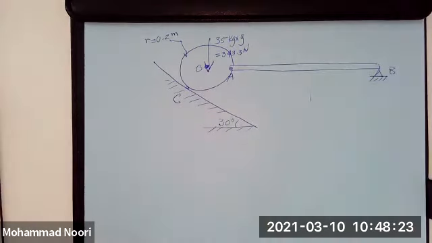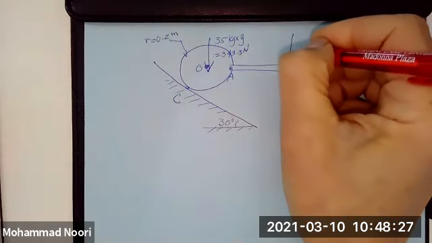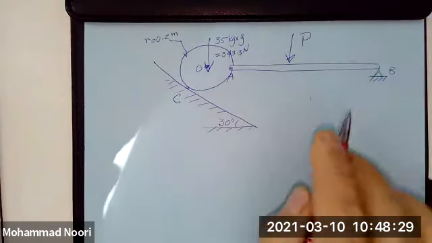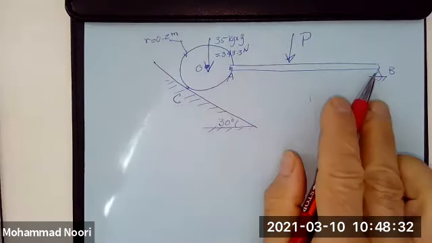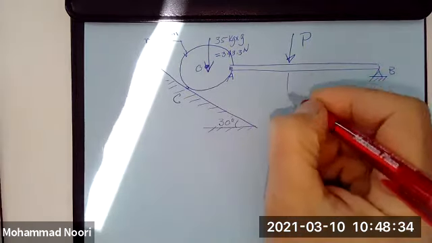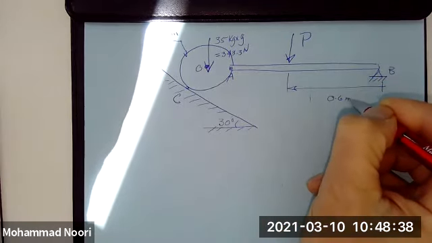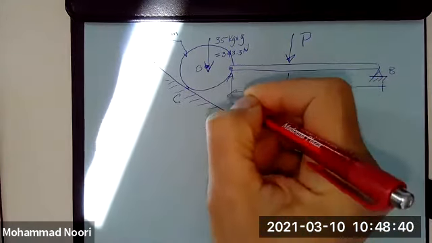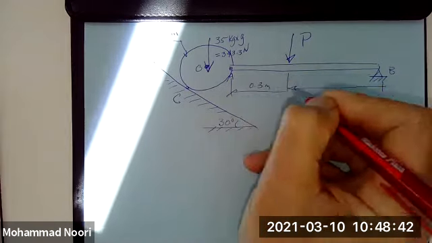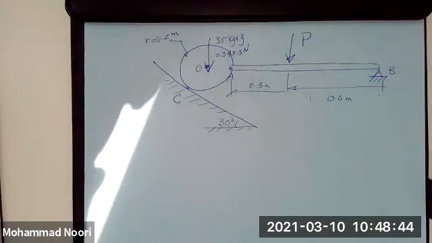This whole system is subjected to a vertical load P that is acting on this beam at a distance of 0.6 meter from this end and 0.3 meter from point B, A.